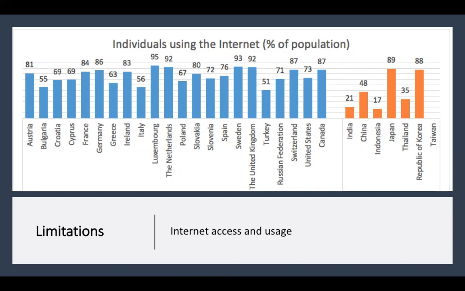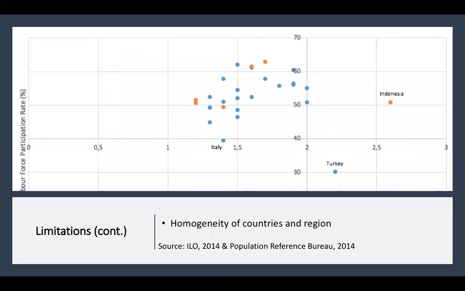Maybe in further studies, the most homogeneous countries in terms of internet access and usage can be chosen and analyzed. Also, the labor force participation rate is not homogeneous across countries and regions. Again, it can affect the findings and interpretations.